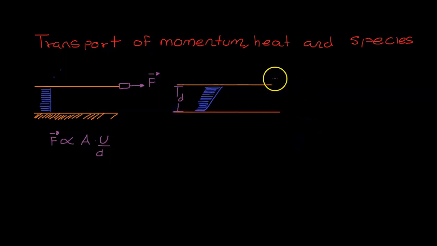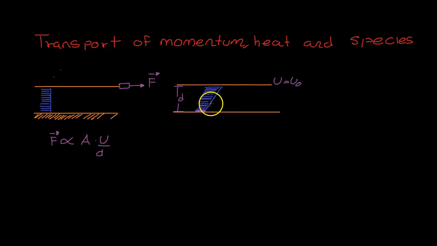The velocity at the top is the velocity of the plate, but the velocity is going to change. It is diminished until, at the very bottom plate, or the bottom layer, it is 0. That's what we call the no-slip condition.